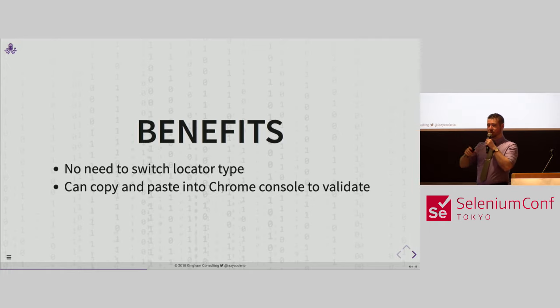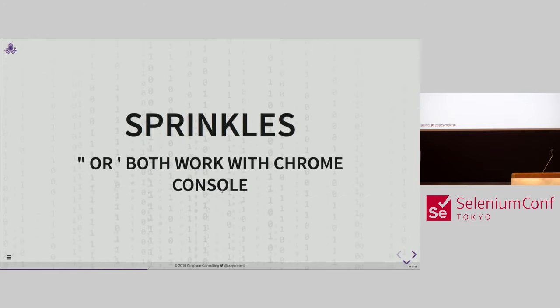And since now if you're using the CSS selector, you can copy and paste that locator strategy into the Chrome console to validate it, which is awesome. And I'll give you a demo in like 2 seconds flat. Oh, there. I guess I am on the next section. So here's the fun little bit. The Chrome console has jQuery built into it, so you can use the $ annotation.